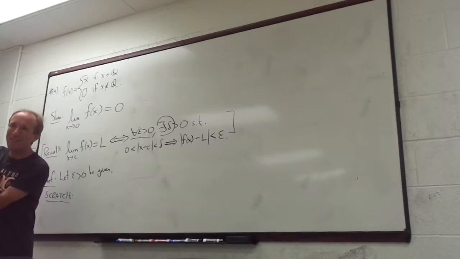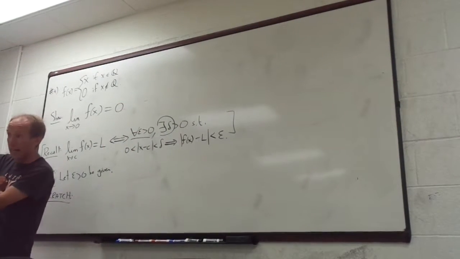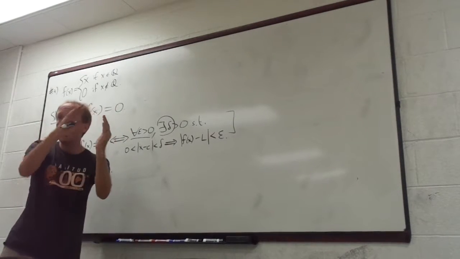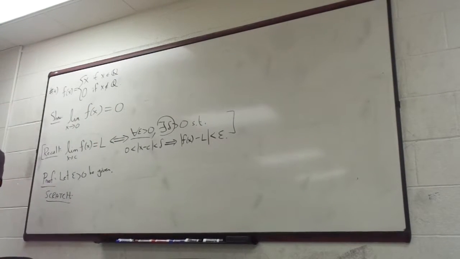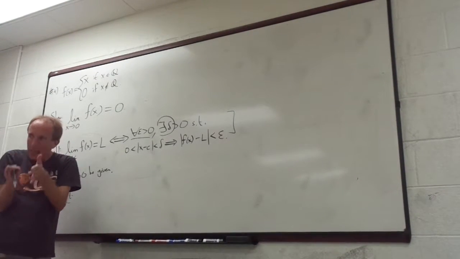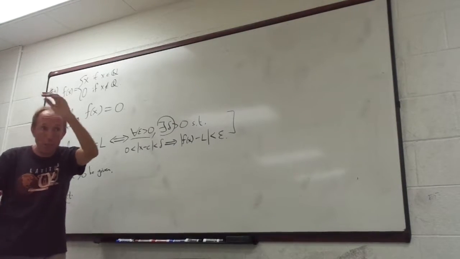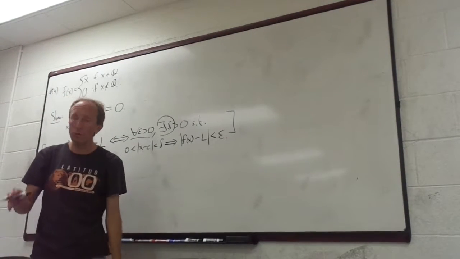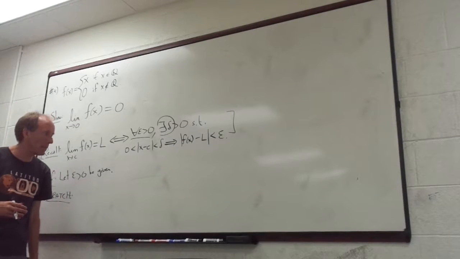Remember, the epsilon determines a horizontal strip around L, which in this case is 0. And then the delta determines the vertical strip around c. And as long as x is within that vertical strip, f of x is supposed to be within the horizontal strip. I won't redraw the whole picture again, but that's the basic idea.